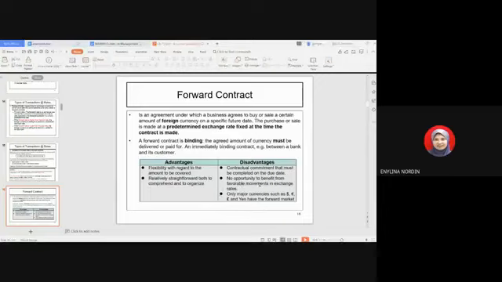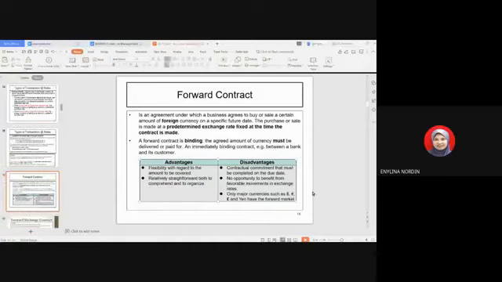So there is no opportunity to benefit from unfavorable movement in exchange rate. If you forecast that the exchange rate is going to depreciate, that's why you lock.